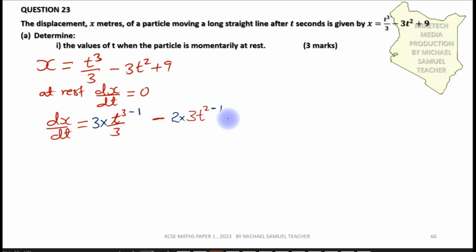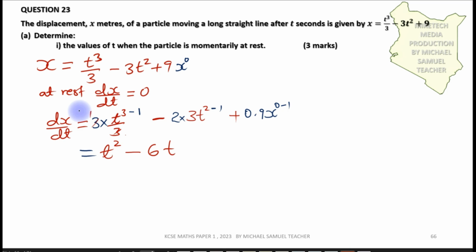Lastly, plus 9, this is the same as 9 times x raised to 0, so that will be 0 times 9 times x raised to 0 minus 1, and everything multiplied by 0 is 0. Therefore this will cancel, so we have t raised to 2, then the other one will be minus, 2 times 3 is 6, t raised to 1. The other one is 0, so that is the gradient function.